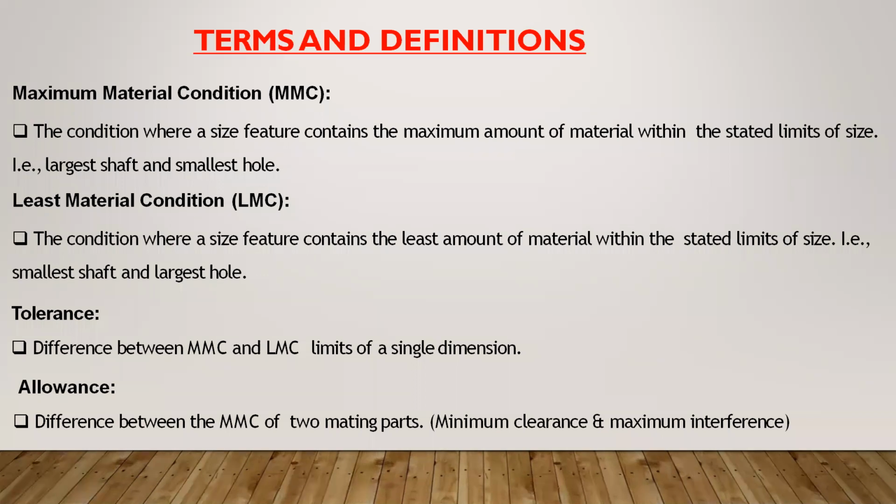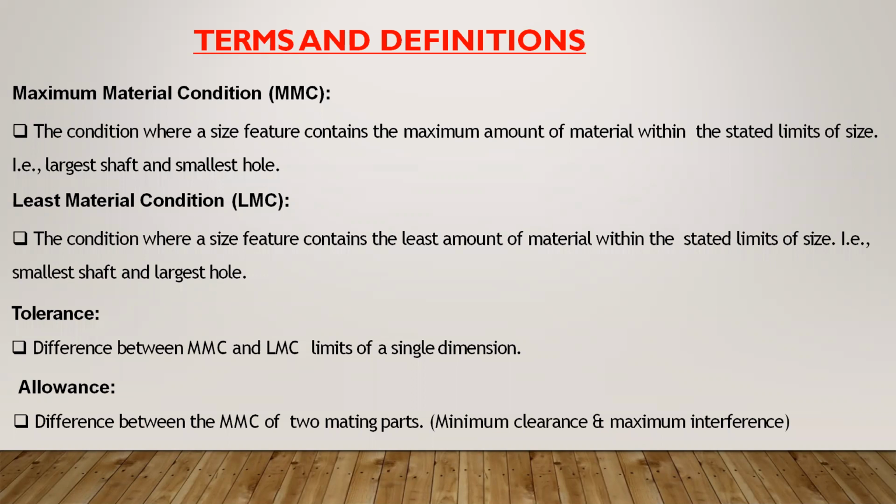And next, coming to the least material condition, that is the LMC. So in this condition, a size feature contains the least amount of material within the stated limits of size, that is the smallest shaft and the largest hole, which is quite the difference between the two material conditions, that is the maximum material condition and the least material condition.